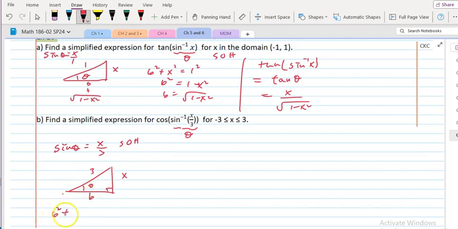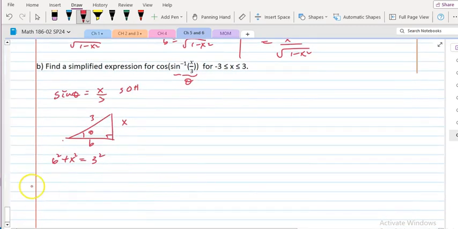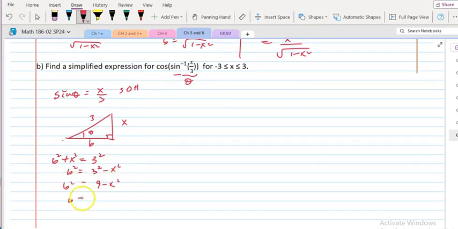B squared plus x squared is equal to 3 squared, meaning B squared is equal to 3 squared minus x squared, or 9 minus x squared. B is equal to the square root of 9 minus x squared. I take the positive. I don't do plus and minus because this is a right triangle, so it's positive.